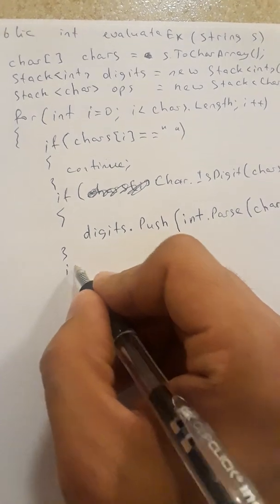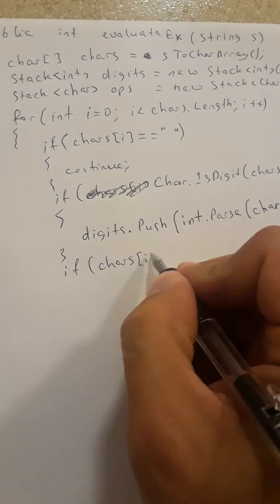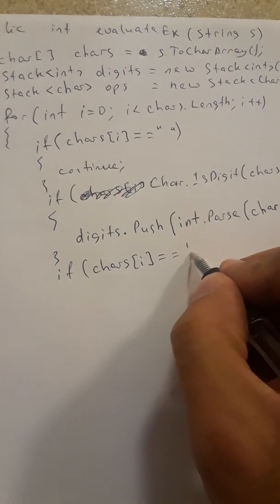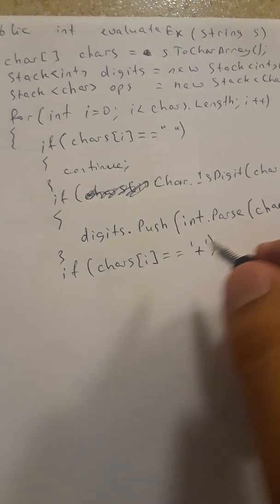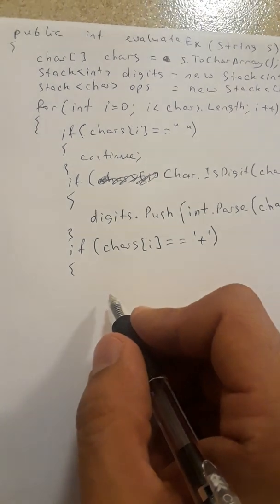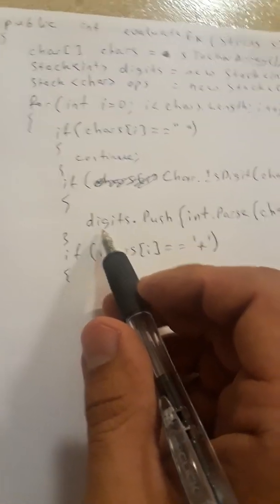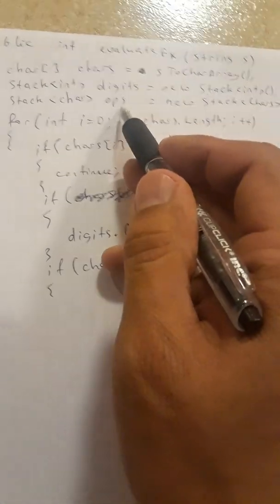And if our character is a plus sign, we will check if there are any elements in our digit stack and in our operator stack.